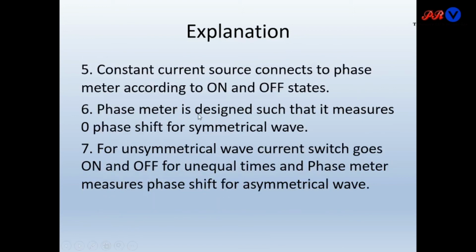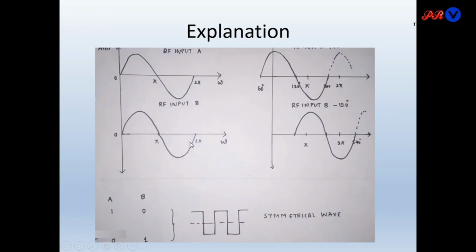So, the phase meter is designed in such a way that it provides 0 phase if we have a symmetrical wave, but for an unsymmetrical wave, the current switch goes on and off for unequal times, because this duration will not be the same.